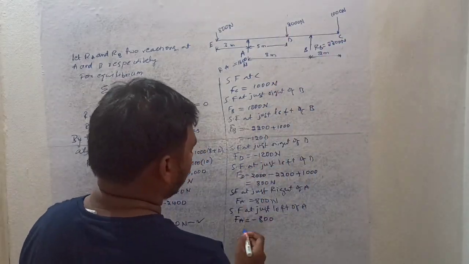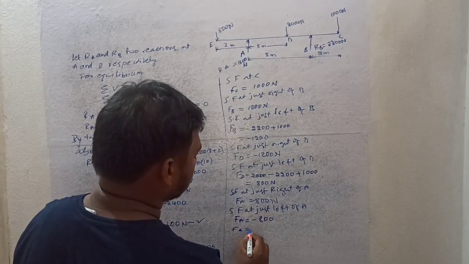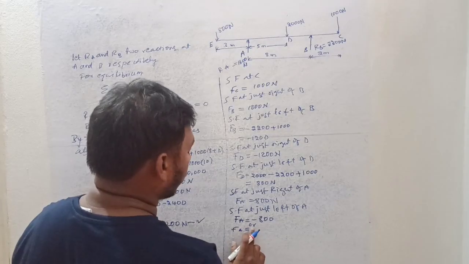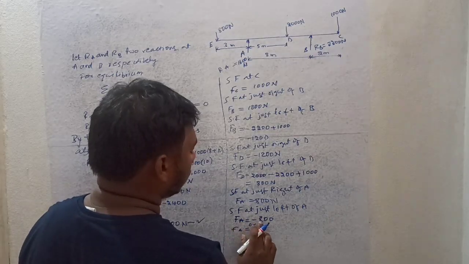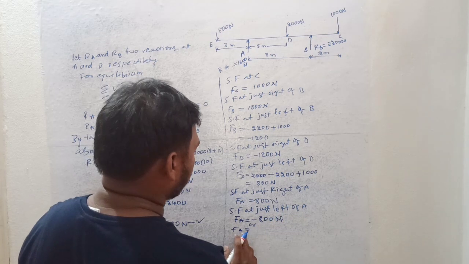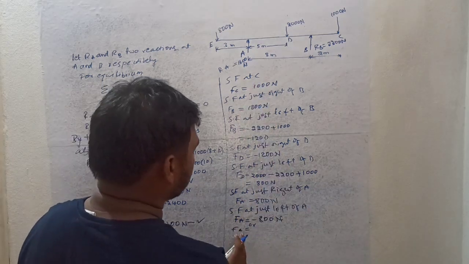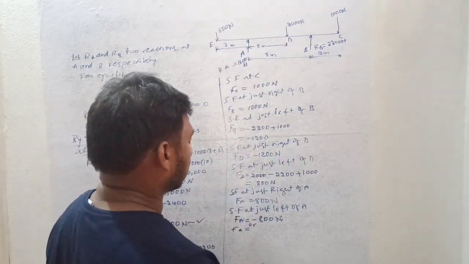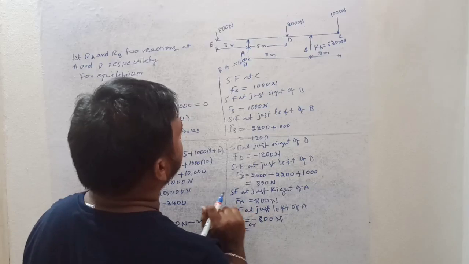So I will take the right of the cross section here, RA, or F suffix A equal to 800 newtons. This is just left of A, but I am determining the shear force just left of A by taking the right of the cross section. So here also you will get the same minus 800.